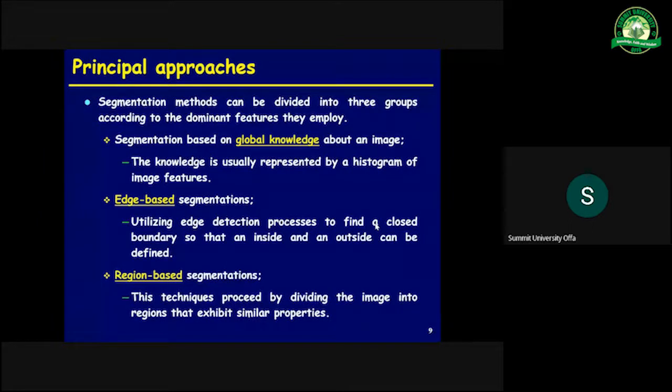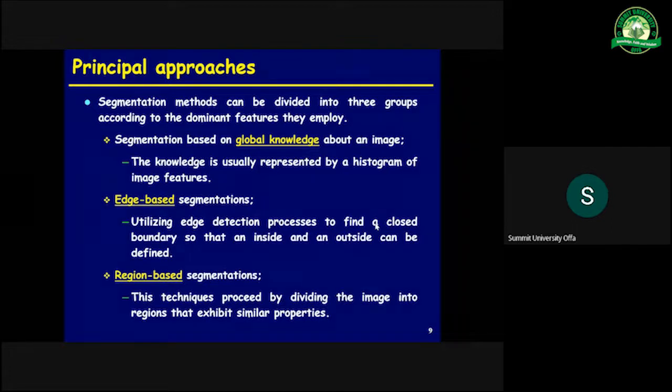This knowledge is usually represented by the histogram of image features, and from there you do your segmentation. Usually you would do classification, but in this case we want segmentation, not classification.